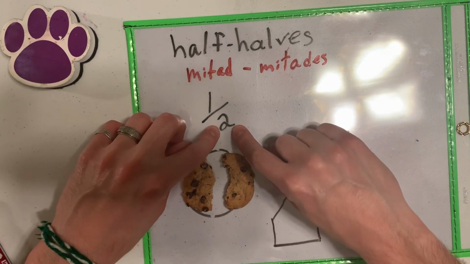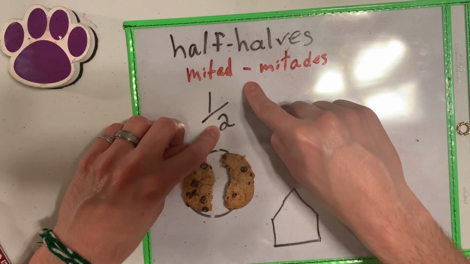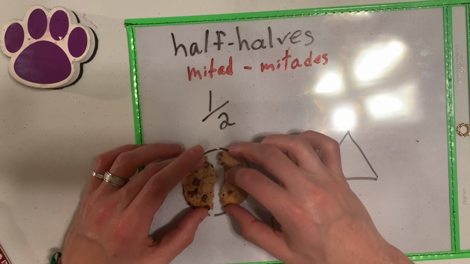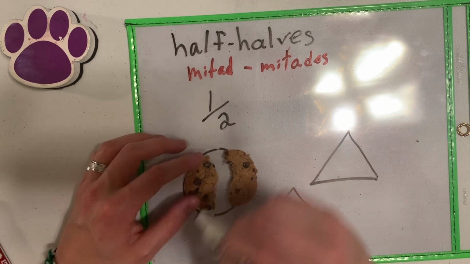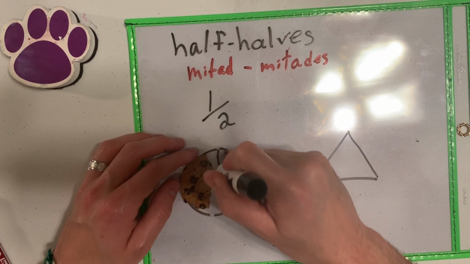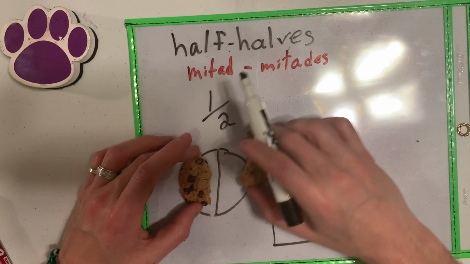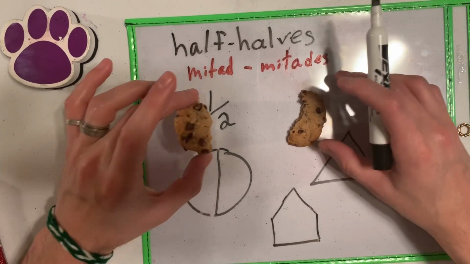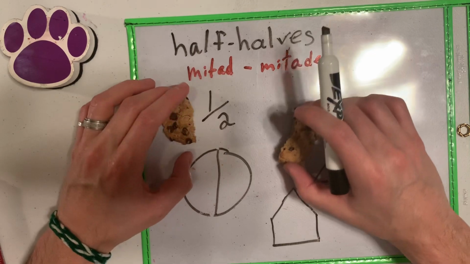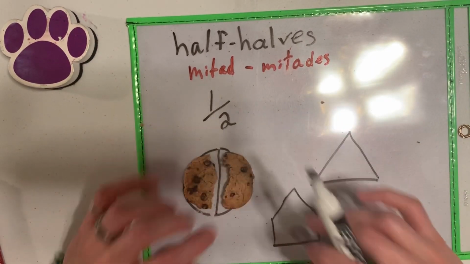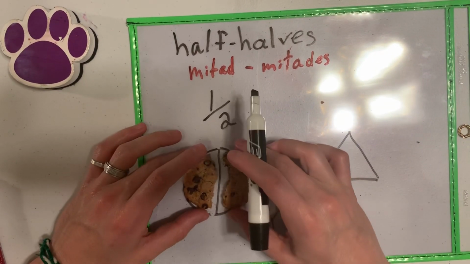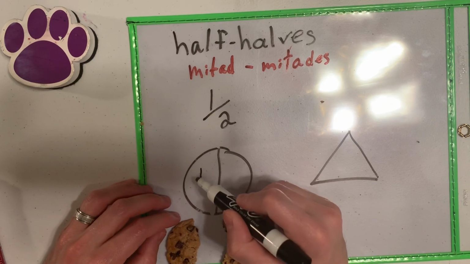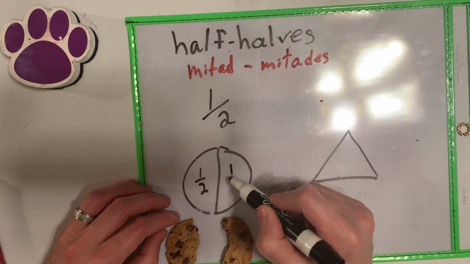This is why we have a number 2 on the bottom, because for a half, you divide it into 2 parts. If I divide it into 2 parts, this is how my circle should look. One part means 1/2. The other part means 1/2. Both parts mean 1/2 on each side.